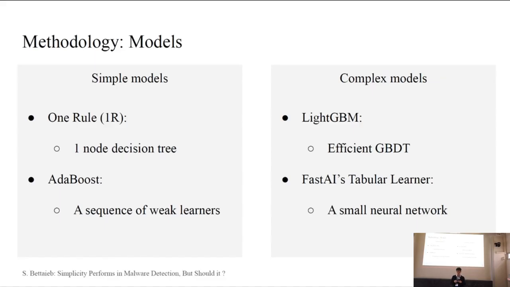We have to say that LightGBM and the FastAI tabular learner are still simple models compared to an LLM-based approach or a reinforcement learning approach. But compared to the one-node model, they're still quite an upgrade. And that's why in this context, we separated them as simple models and complex ones. The idea is to see if we can go far with the simple models, or if we really do need the complexity of the complex ones.